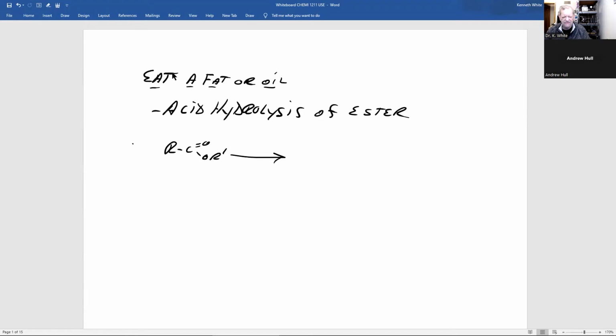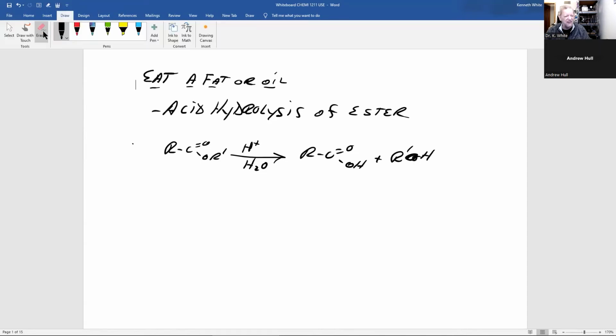And what's the general reaction of acid hydrolysis of an ester? Ester, acid, water. You get back the carboxylic acid you would have used to make that ester, plus the alcohol you would have used. Hold on, let me make a better oxygen. That's better.